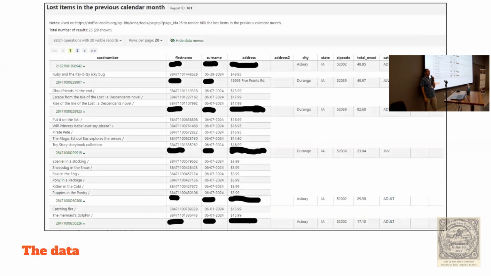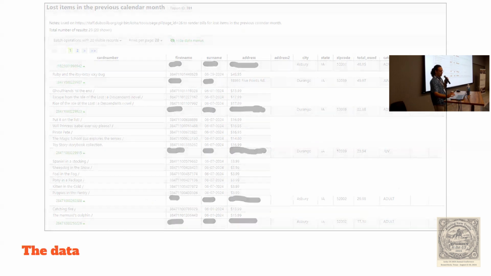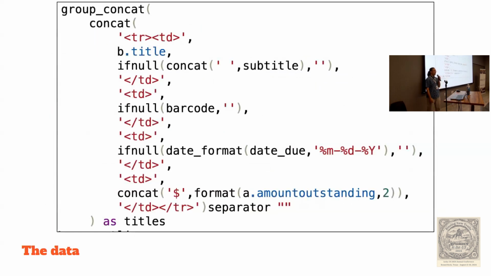This is what that report looks like when I actually run it in Koha, and it gets super weird because in the actual report, we concatenated all those things together with the HTML table tags.